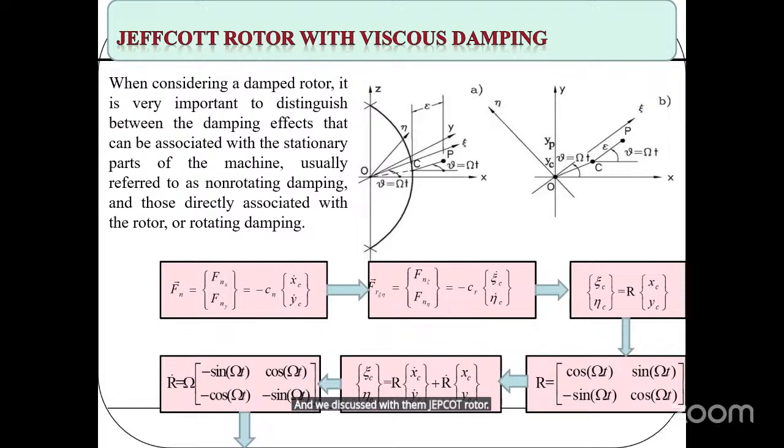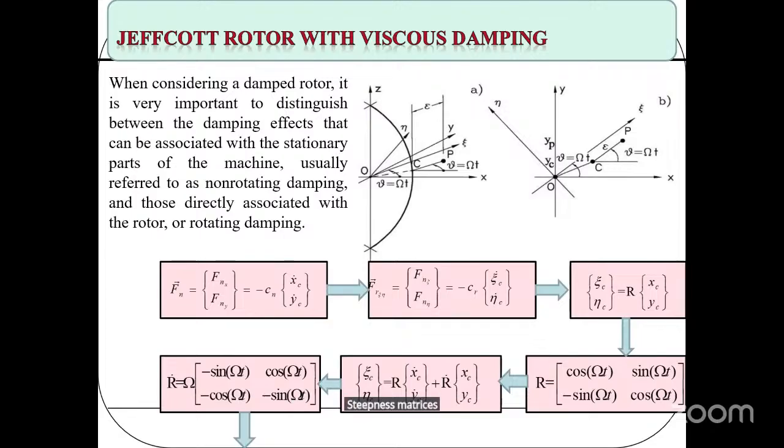Here we see that, unlike non-rotating systems, one additional term arises, that is the omega-related stiffness matrix.